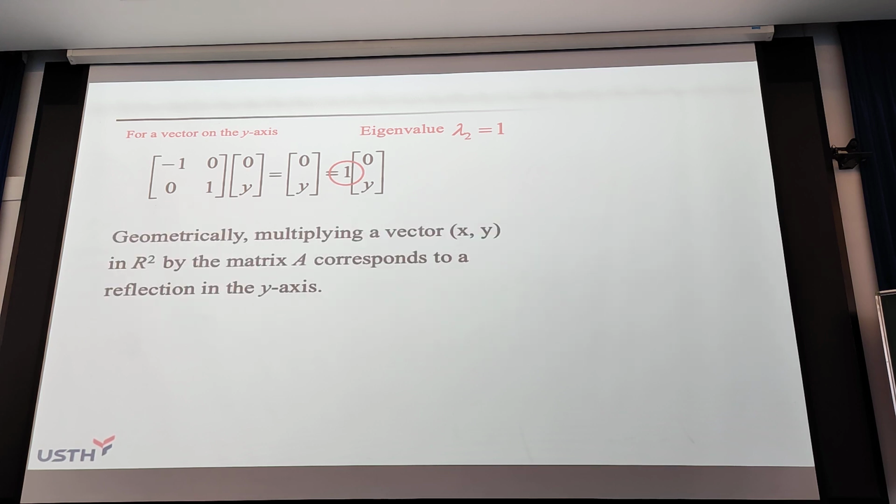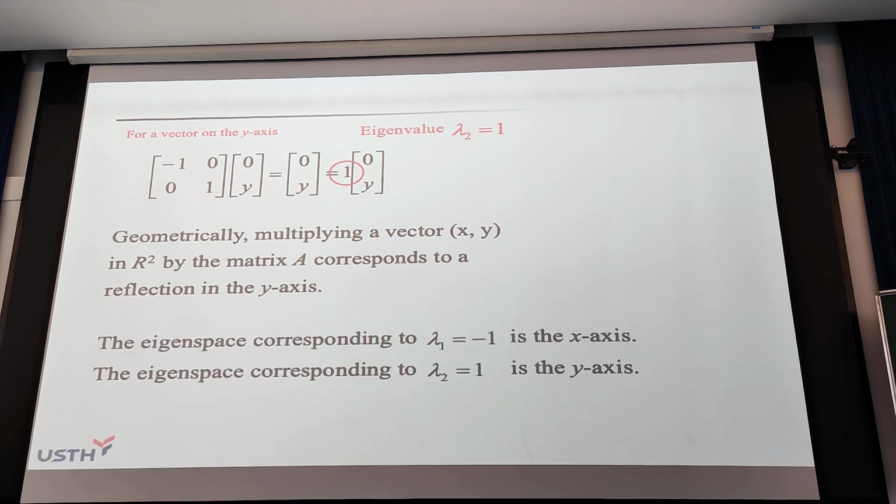And if you look at it in a geometrical way, multiplying a vector (x, y) in R2 by the matrix A will give us a reflection across the vertical axis.